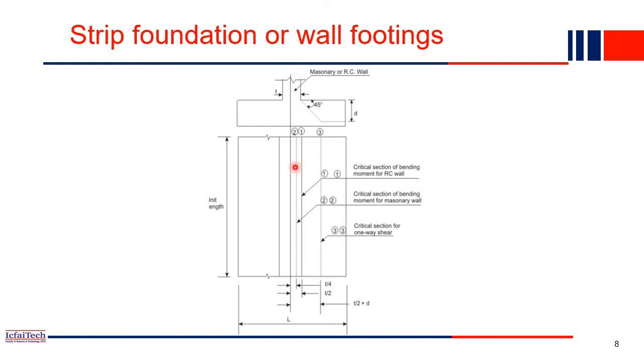You will find that the wall is directly transmitting the load to the nearby soil. So this type of footing is very strip-like, very long. This is a plan view, you can see this is the entire length of the footing. So this is also the strip footing we call it.